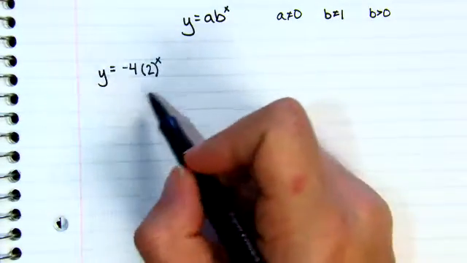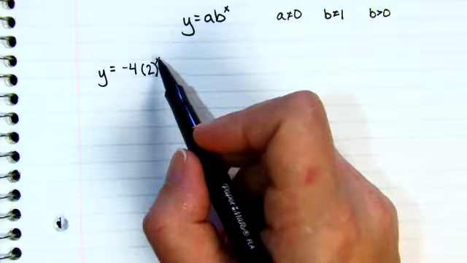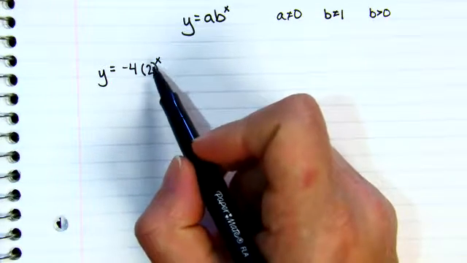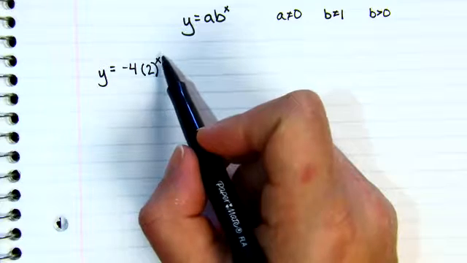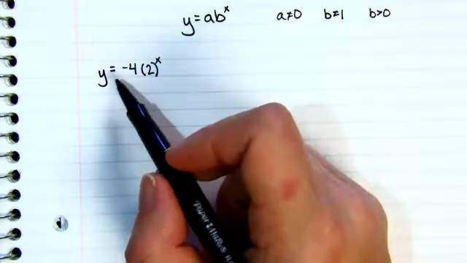Remember, when we evaluate this for different values for x, we do exponents before multiplication. So we're going to raise 2 to whatever our input is, and then multiply that by negative 4.